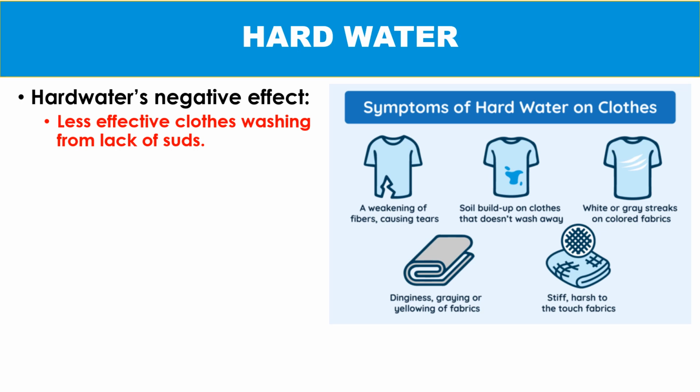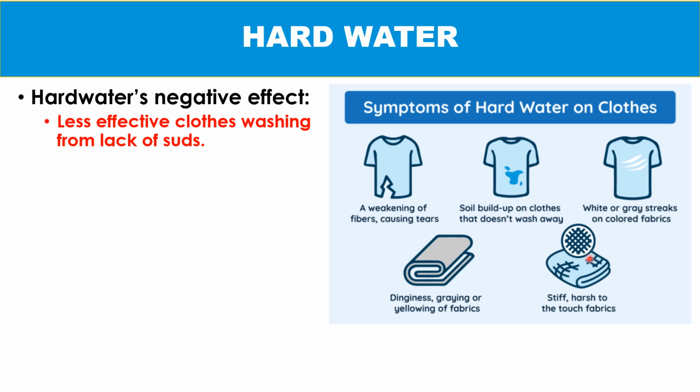Some of the symptoms of hard water on clothes: it weakens some of the fiber, causing tears; soil buildup on clothes doesn't wash away well; white and gray streaks, which you find quite often if you wear your shirts more than about 2-3 years; and dinginess, graying or yellowing of fabric, discoloring if you will; stiff, harsh-to-touch fabric.